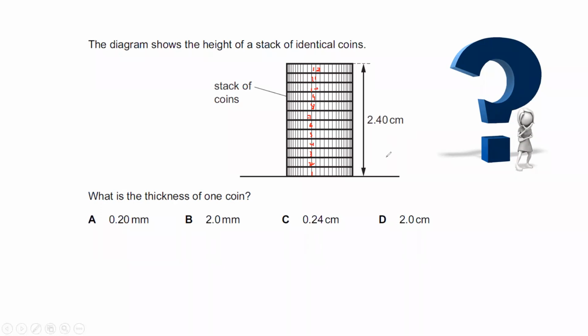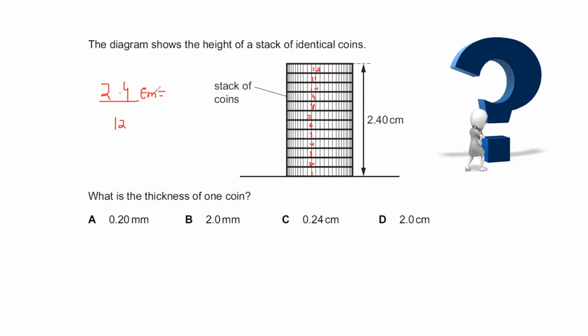So these are the 12 coins. So 12 coins having a height or a thickness of 2.4. But we need it for one, so it will be 2.4 divided by 12. That will give the answer in centimeter because 2.4 is the thickness for 12 coins.